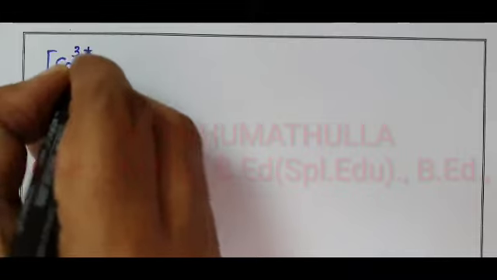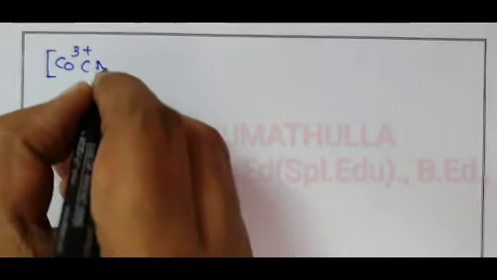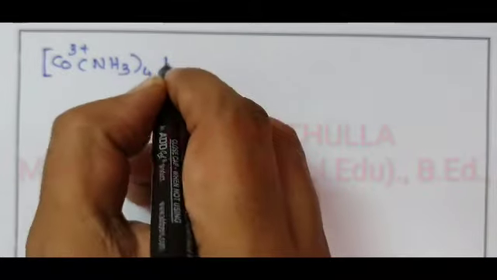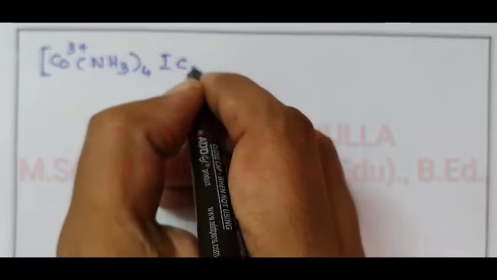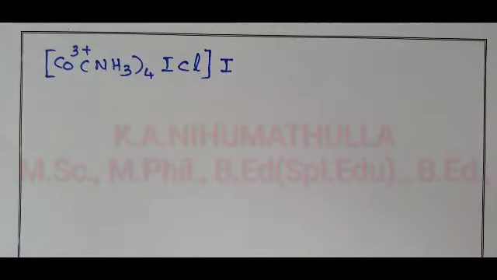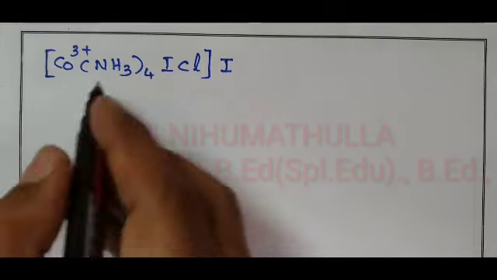How many amines do we have? Same NH3, 4 times, 1 iodine. Bring one chlorine to inside of the coordination complex, another iodine as counterion. So this is the molecular formula for the other compound which gives yellow precipitate with silver nitrate solution.